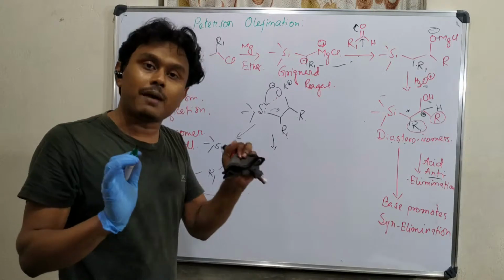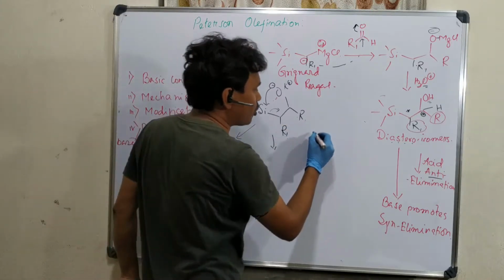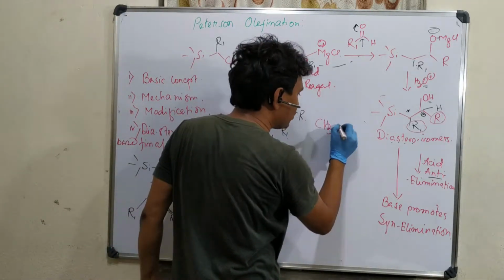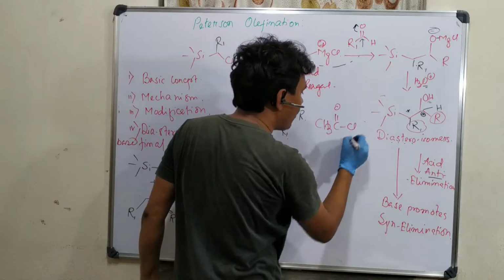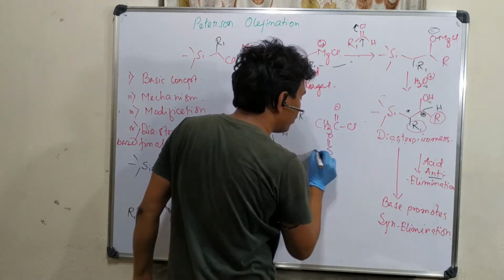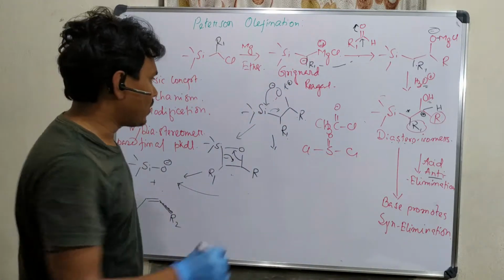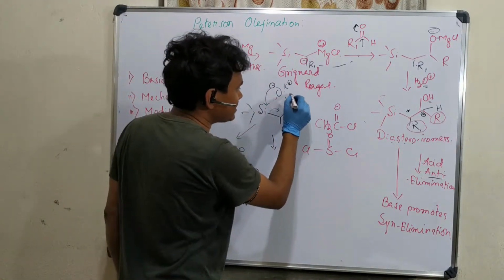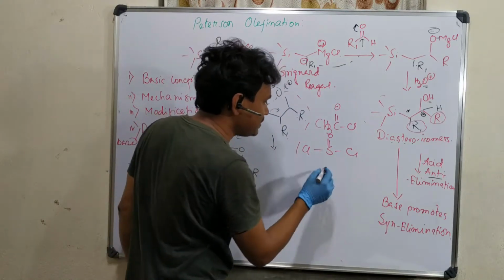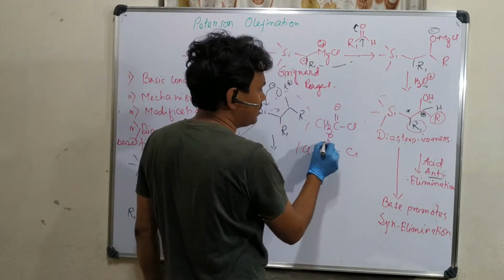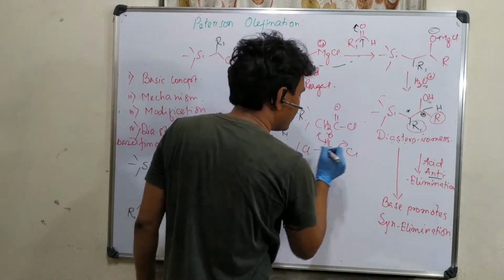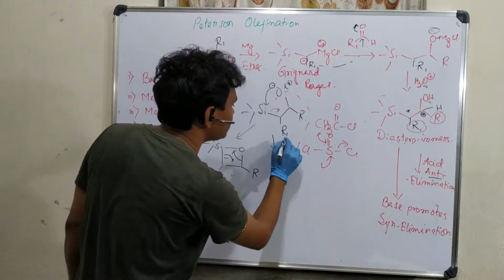But this could be avoided using a modification like acetyl chloride or thionyl chloride. Both are similar type. You can see the labile C-Cl bond. What happens? This O minus attacks this thionyl chloride bond. So it will come back, chlorine will leave. So what will it produce ultimately here?